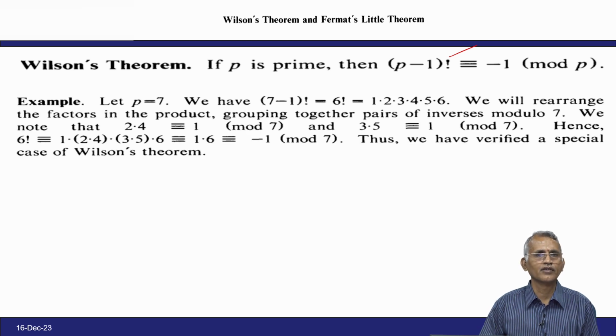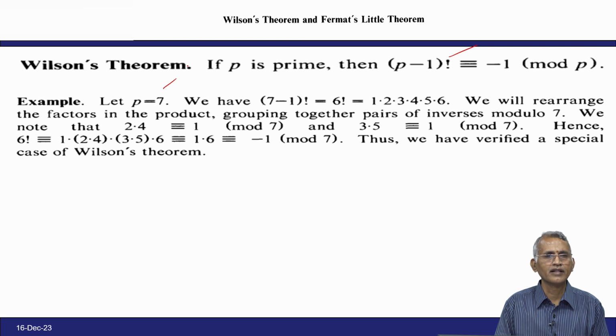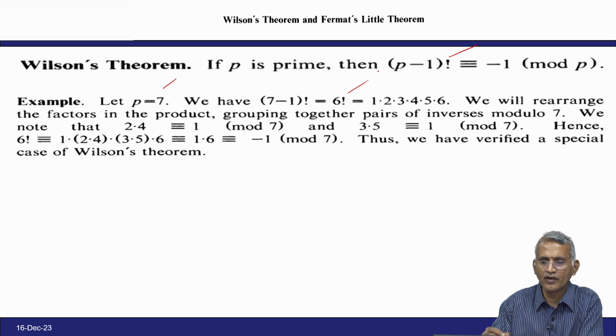So, let us start with one example. Let P equal to 7. 7 is a prime number, and we have 7 minus 1 factorial, which is nothing but 6 factorial, and 6 factorial can be written as the product of the numbers 1 into 2 into 3 into 4 into 5 into 6. So, we will rearrange the factors, grouping the product together like pairwise inverses under modulo 7.